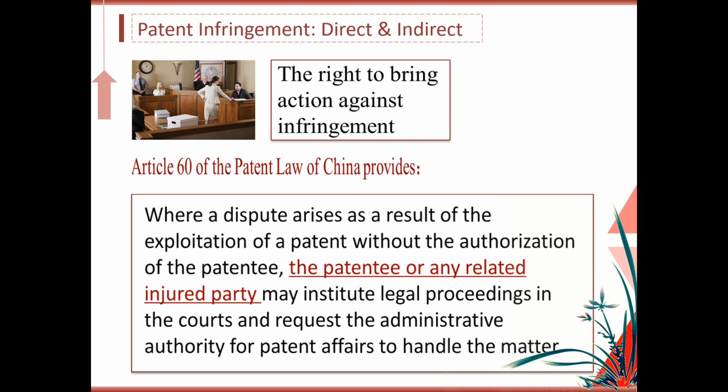Basically, the injured party may refer to the licensee of a patent. So under the license contract or a contract which gives permission to a third party to execute the patent might fall within the definition of injured party who may suffer from the occurrence of infringement.